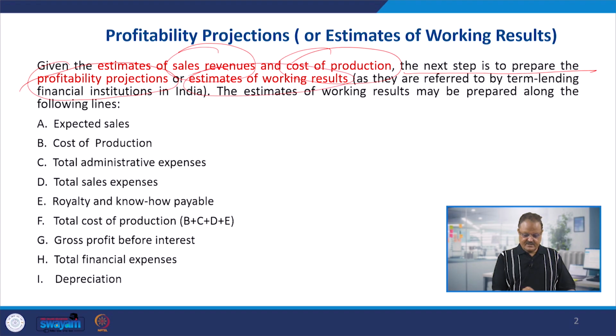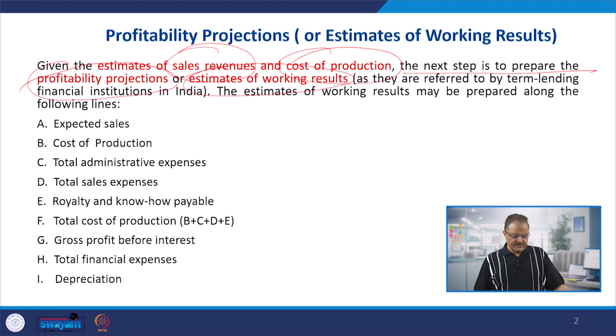Profitability projections, or estimation of the working results: all the investors require these projections, and they are also useful for entrepreneurs who are going to create the venture, for you people, and for the investors who are going to be the venture capitalists or private equity providers, or if it is an existing firm going for institutional finance, even in that case these estimates are required.